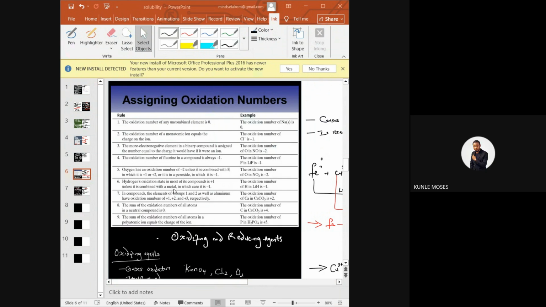Actually, you don't need to calculate it. Anytime you see hydrogen reacting with a metal, it is always -1. So that's the purpose of that table. You get it? I just want you to see how they got that table. It's not just something somebody hooked out. It is a law.